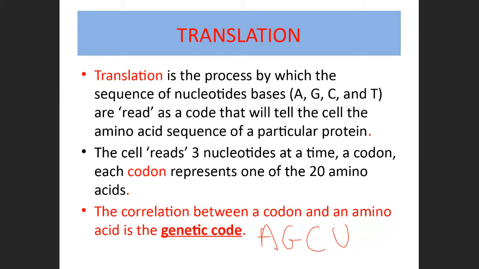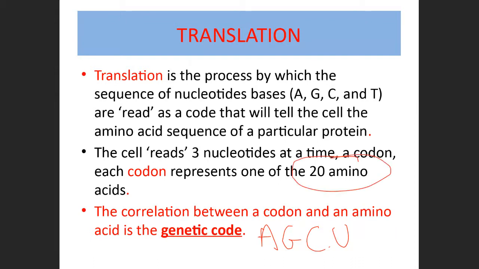This is the thought that scientists had when they were trying to figure this problem out. They knew there were 4 nucleotides. Obviously 4 nucleotides, if you take them one at a time, only gives you 4 letters in an alphabet that are supposed to code for 20 amino acids. Well, they're not enough letters.